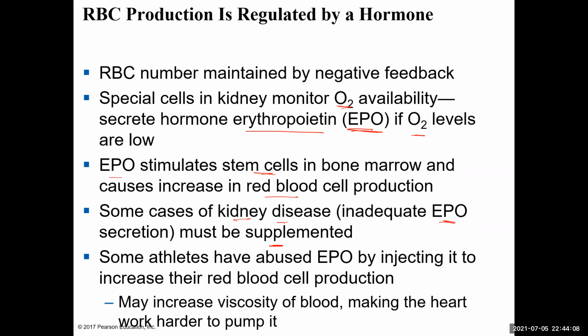Athletes have been known to abuse this synthetic EPO by injecting it, making their body produce more red blood cells so that they can get more oxygen to their muscles, so that maybe they could, say, run for longer periods of time and not gas out during their sport or activity. Big downside to this is that they are making their blood more viscous, making their heart work harder, and that could lead to serious issues with overworking your heart.